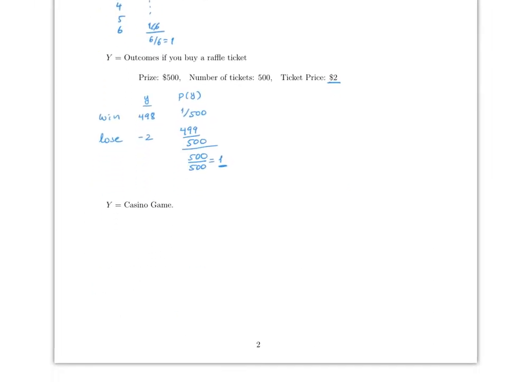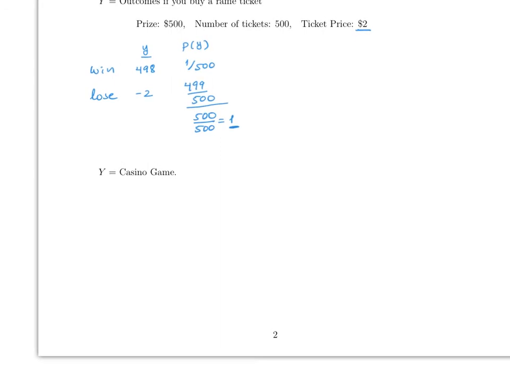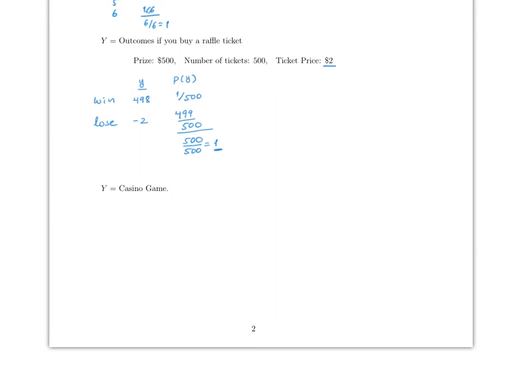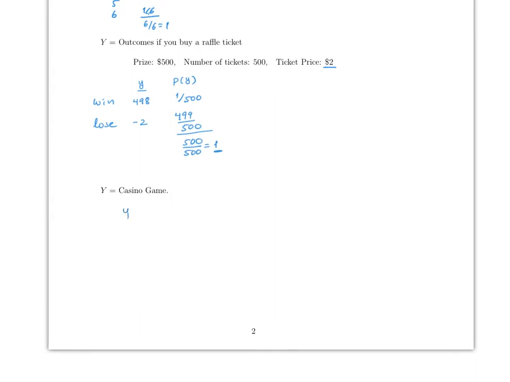Okay, let's look at another example. Let's say you have the following game in a casino where the possible values are given like this. The possible values for y will be -3, which means you will lose $3, 0, which means you will break even, 1, which means you will make $1, and 4, which means you will win $4.